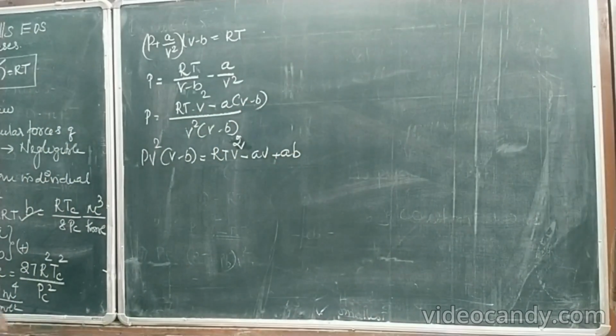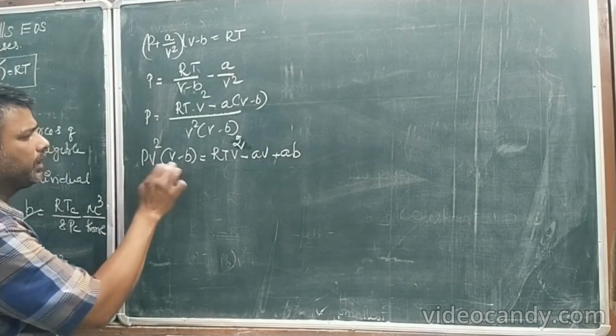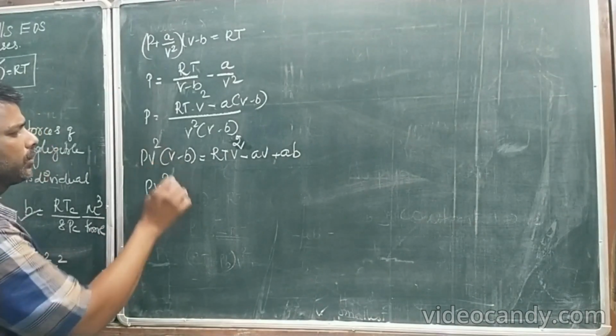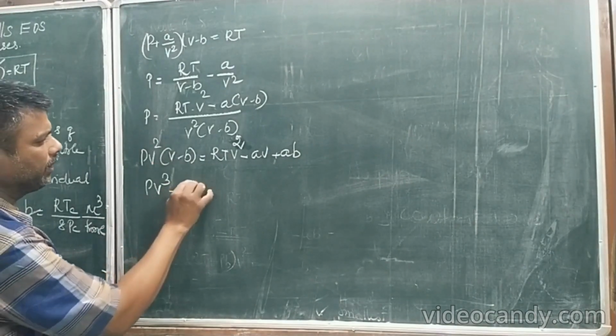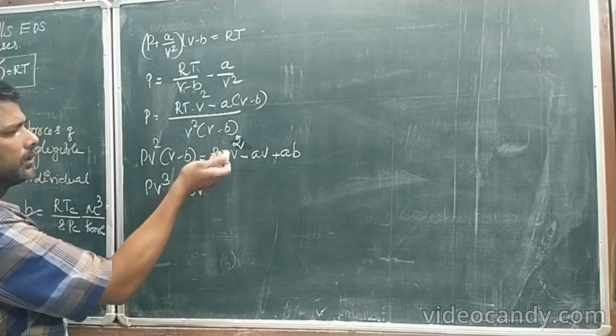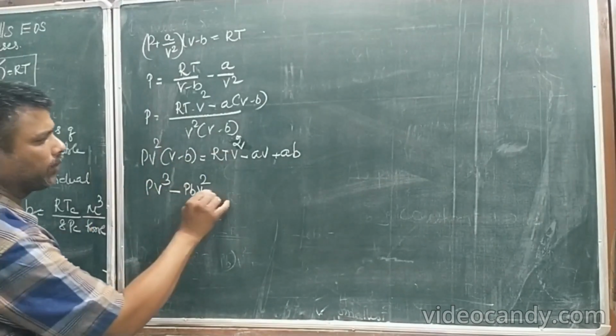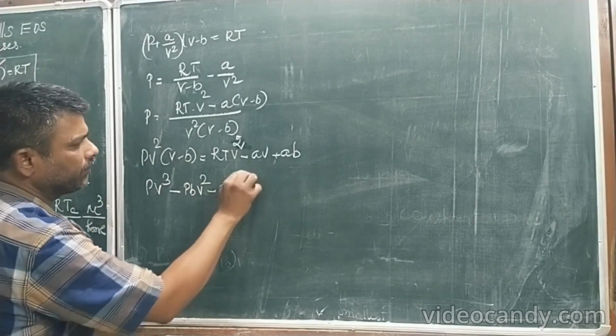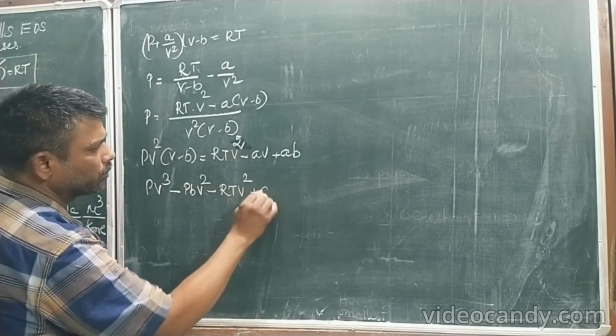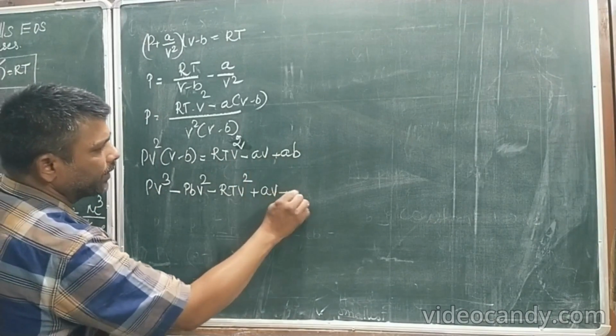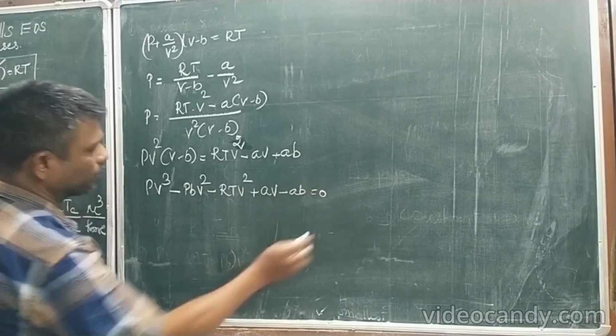Upon rearranging this equation, PV³ − PbV² − RTV² + aV − ab = 0, with the terms moved to the left-hand side and the signs changed accordingly.